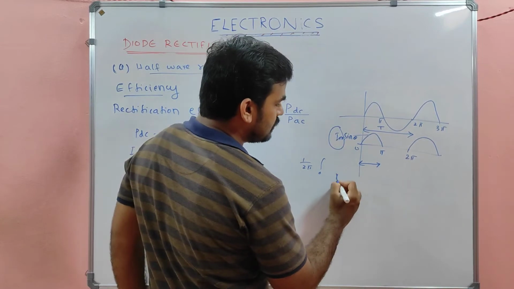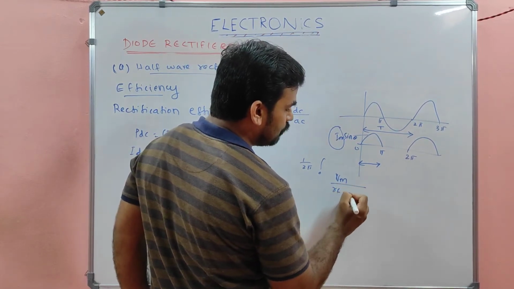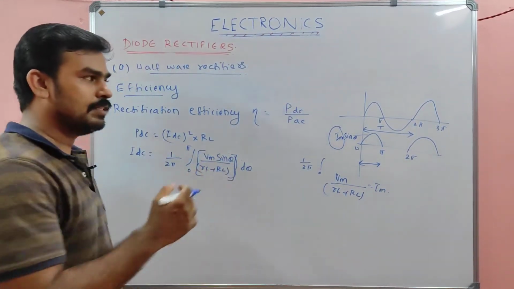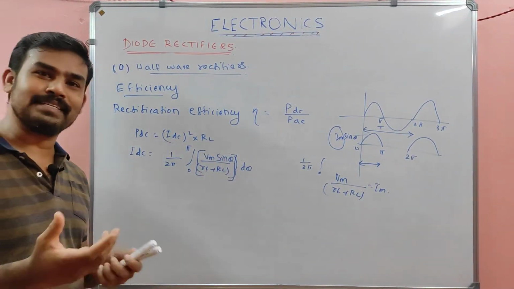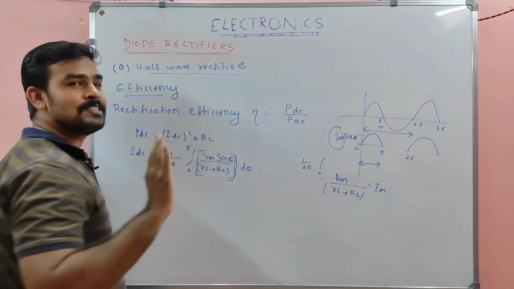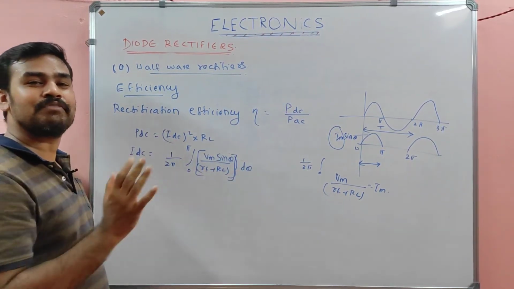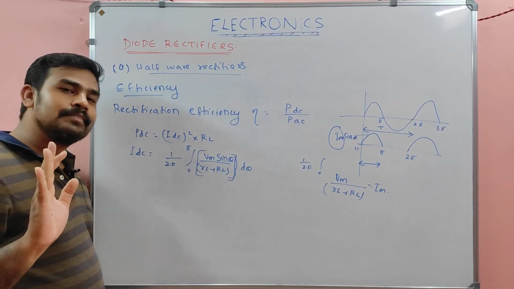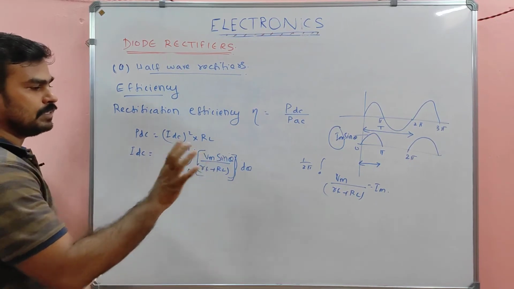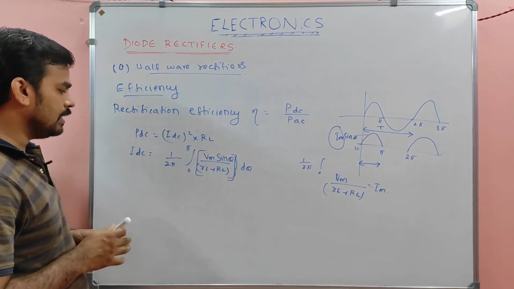Im is Vm divided by Rf plus RL, where Rf is the forward resistance of the diode and RL is the load resistance of the rectifier. Is it clear? There is no confusion at all, right? So the equation is Vm sin theta divided by Rf plus RL.